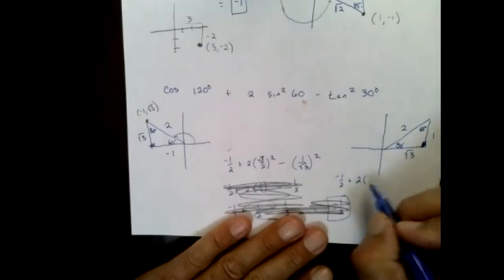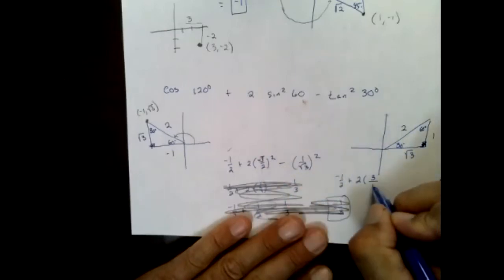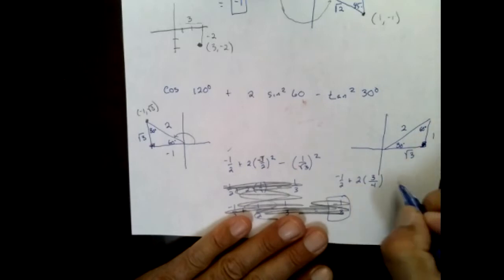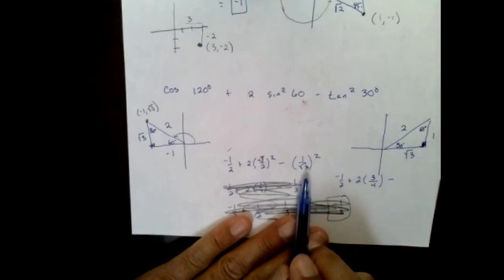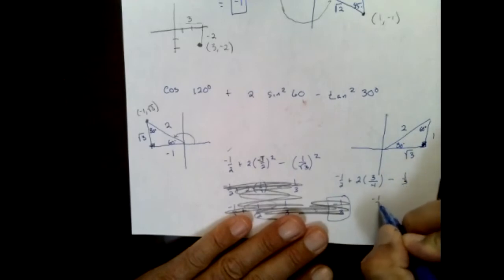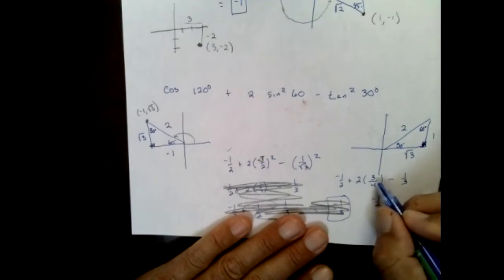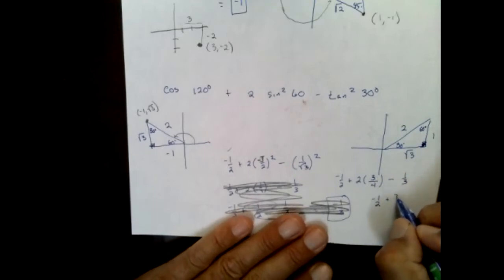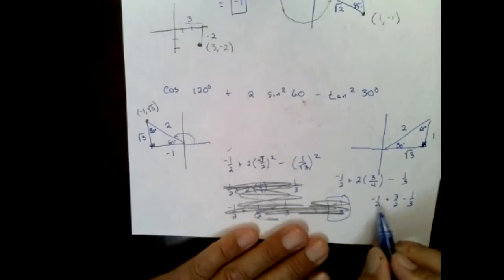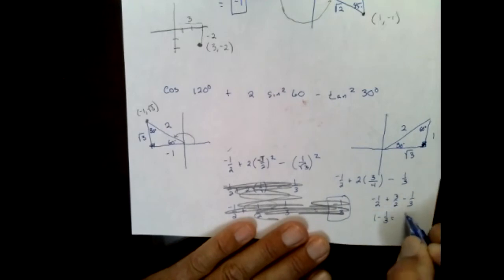The square root of 3 is going to give me 3 when I square it. 2 is going to give me a 4 when I square it, minus 1/3. -1/2 plus 6/4, which is also 3/2, minus 1/3. That gives me 2/2, which is 1. 1 minus 1/3 equals 2/3.